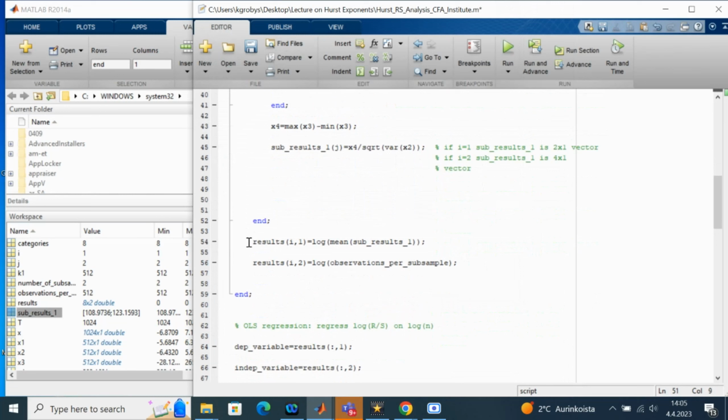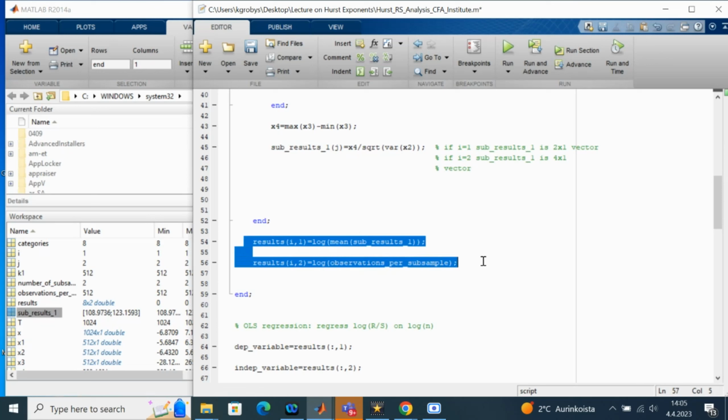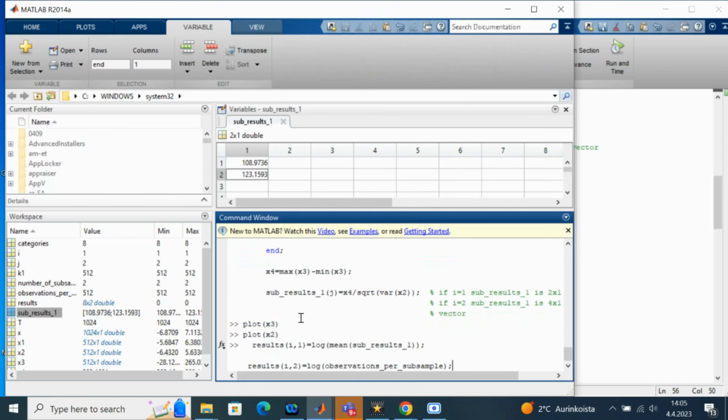Then what we have to do is take the mean of the sub_result_1 vector and the logarithm of the mean. In the same way, again, we have to take the logarithm of the cluster size, which is 512 in the first example. So let's copy this into the command window so that we can see what comes out here.